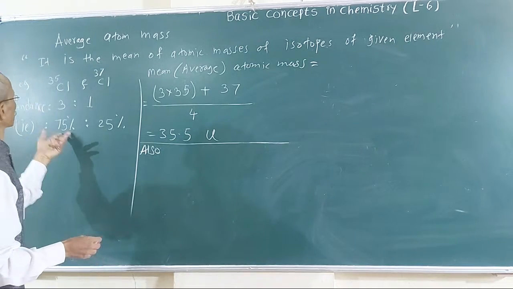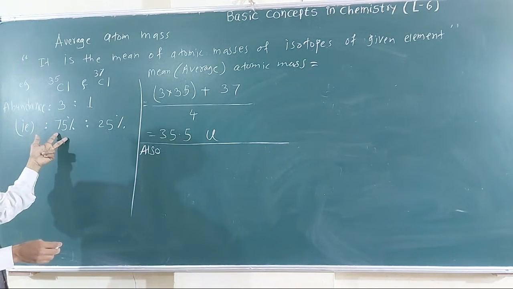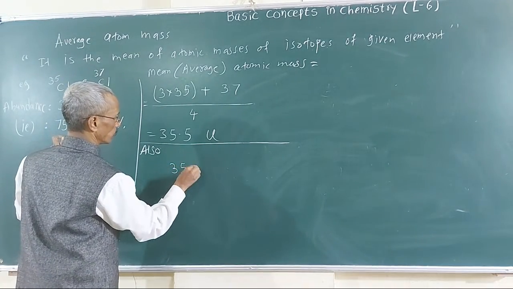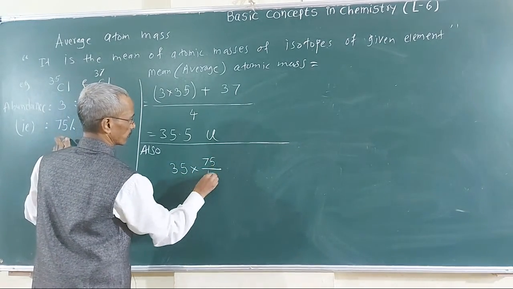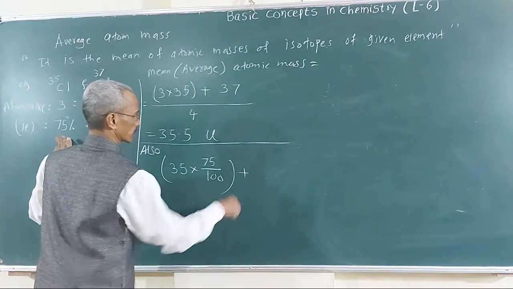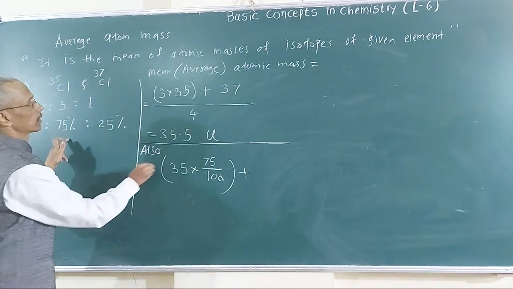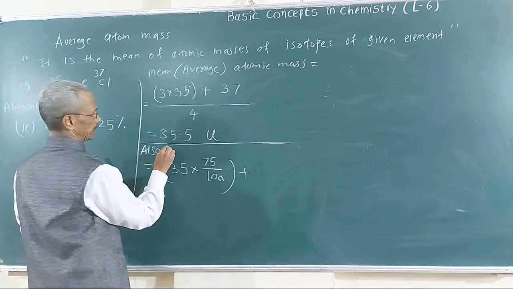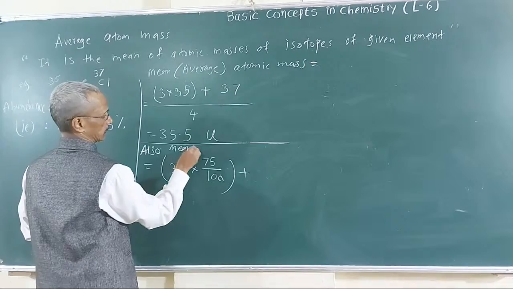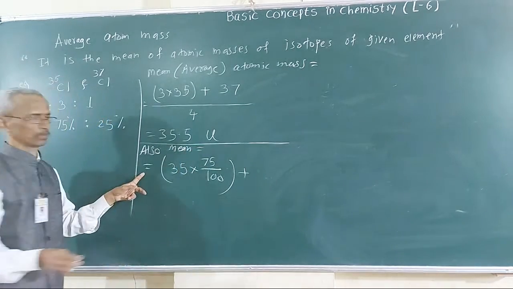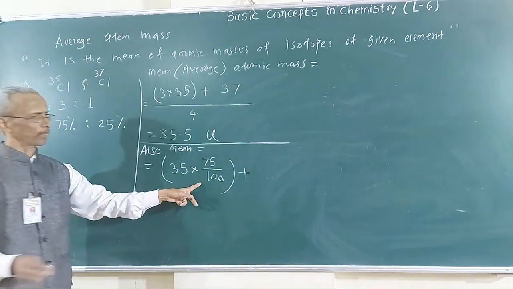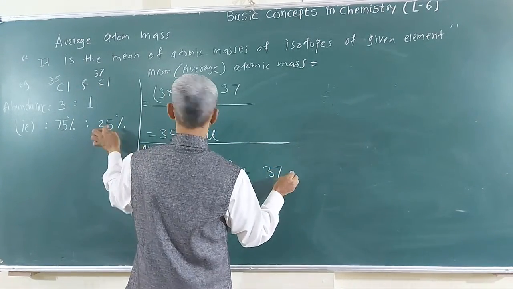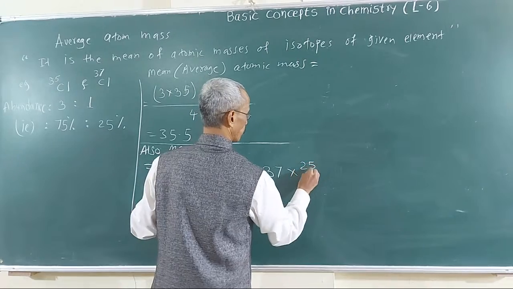Taking the percentage, this isotope is 75%, so one can consider 35 into 75 plus 37 into 25% for the mean or average atomic mass.